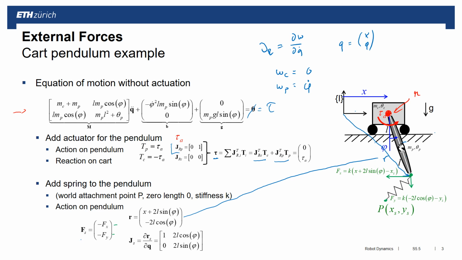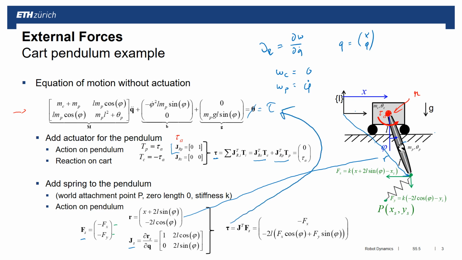And now I have my f and I have my Jacobian. So all I need to do is I pre-multiply the f with the Jacobian transposed of that point where it acts on our system. And this is what I get. So I have again a channelized torque acting directly on my equations of motion, which depends on fx and fy, and fx and fy, as indicated here, are just a function of spring stiffnesses and some offsets that we have there.